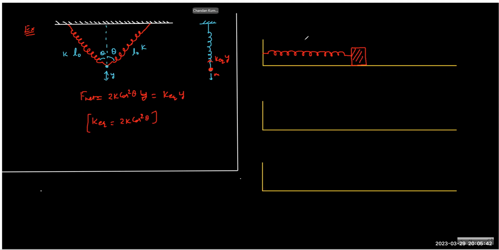So let's say this is a spring of spring constant K with natural length L naught. Natural length means that under the state of zero deformation, the length is L naught. Now there are two possibilities. First, I can compress.